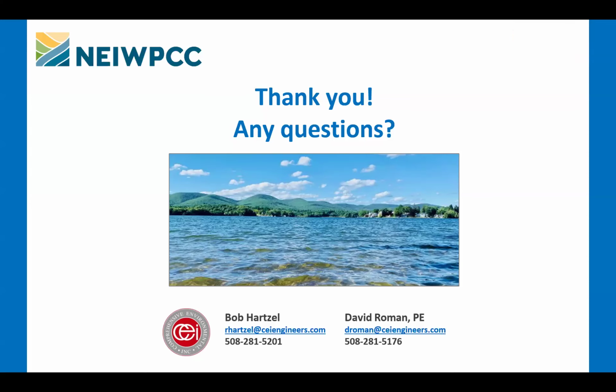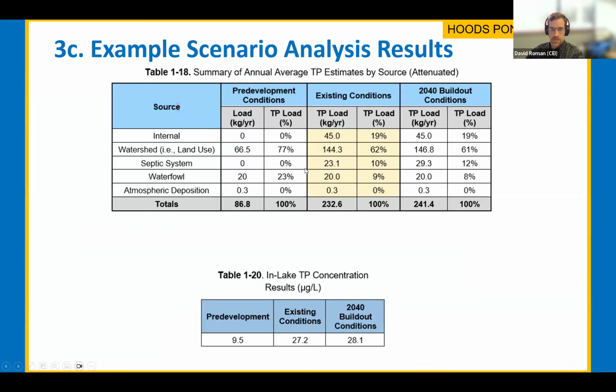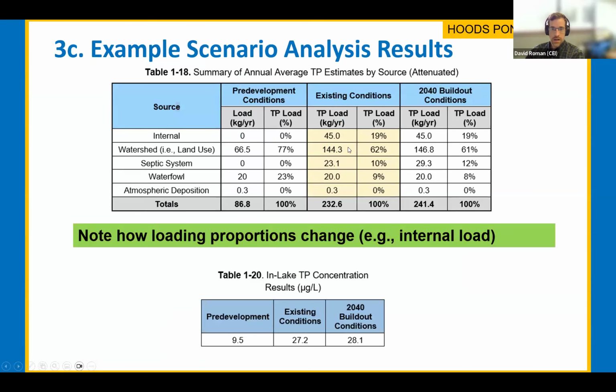Okay. And on the last slide or table, why didn't the internal load kilograms phosphorus increase from current conditions to build out conditions? Let's see. I don't remember exactly what we ended up with, but I'm wondering if it was just such a small change.